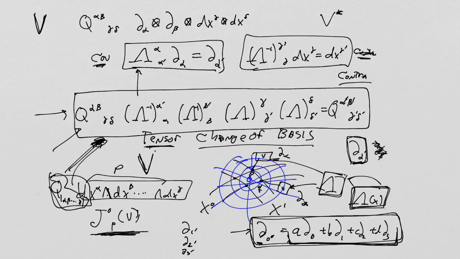But I need to know these things at the same point as this thing, right? I know the value of this, because remember, alpha, beta, gamma, delta is a function of space-time in the unprimed system. That's why I went to the trouble of calculating this guy in the unprimed system, because I need to know this guy at the same point. And the only way I can do that is if I have this as a function of the same spacetime.